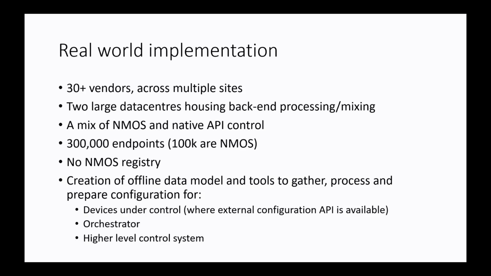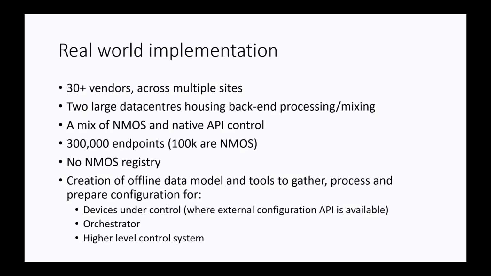We've got a little bit of a constraint. The vendor that's doing the orchestration isn't using a registry. That means we need to go and discover every device ourselves. That's proved to have added somewhat of a configuration burden, but it does give us very tight control on letting things onto the network.